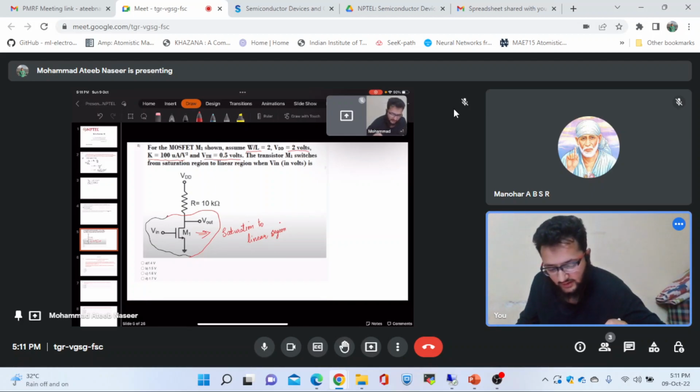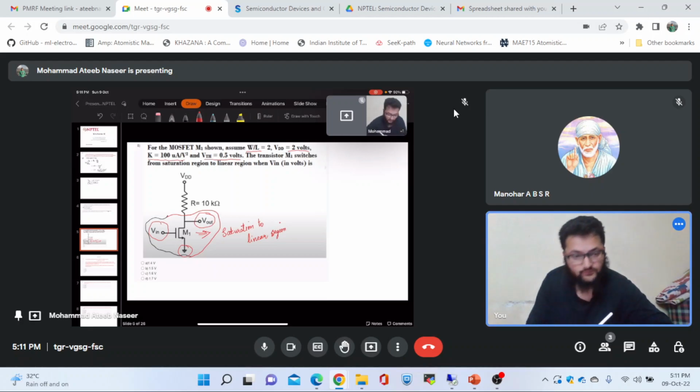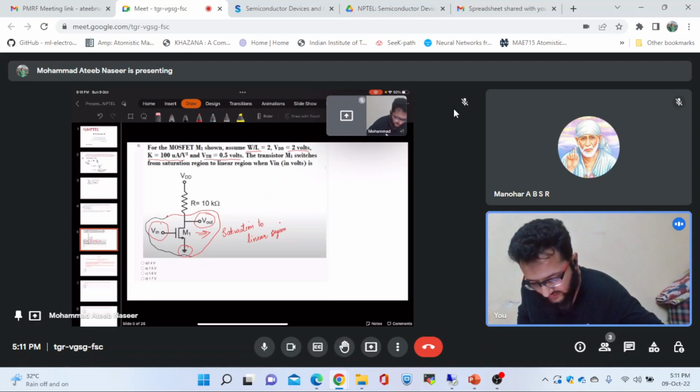As in here, we are taking just one threshold voltage, that is 0.5 volts. So it will depend on the biases present over this terminal and this terminal. Since our source terminal is grounded, we will simply try to evaluate this transistor in saturation region first.